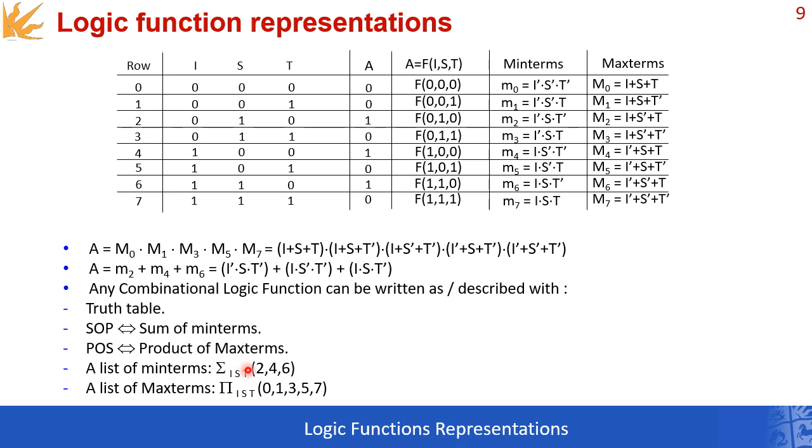So this is the sigma of I, S, and T, and these are the minterms that you use, 2, 4, and 6. And let's call this its complement, the list of maxterms, which is pi, which stands for the product of the rest of the terms. And in this case, we talk about maxterms 0, 1, 3, 5, and 7.